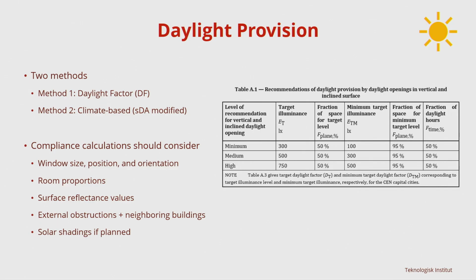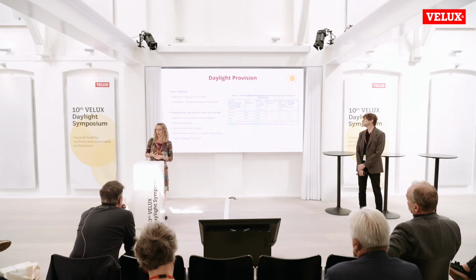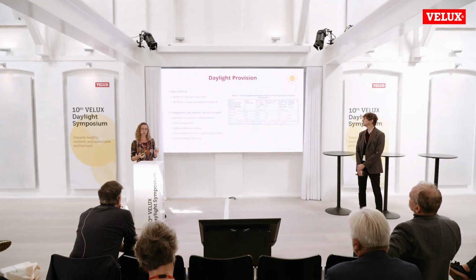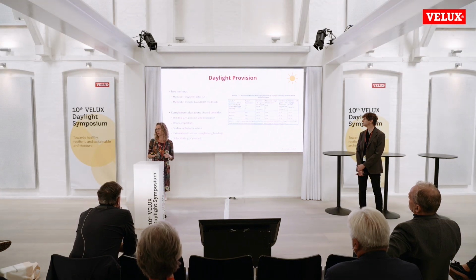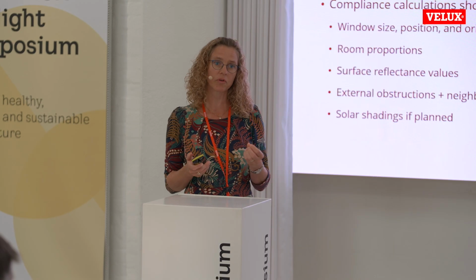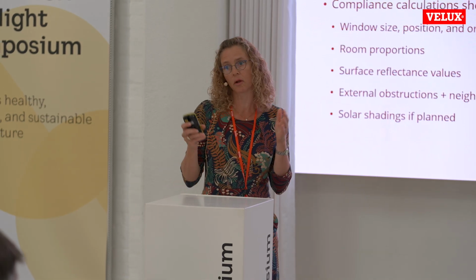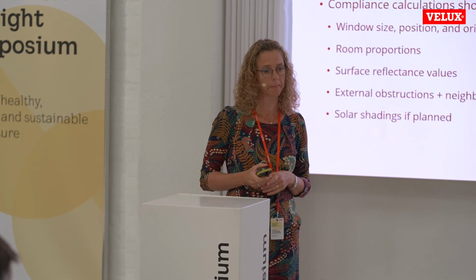In the standard, there's 2 methods to comply with the recommendations. Method 1 is the daylight factor method, and method 2 is a climate-based method, very similar to the spatial daylight autonomy as we know it from the American LM83. The only exception is that in the European standard, we use 50% of the daylight hours instead of a fixed time period.